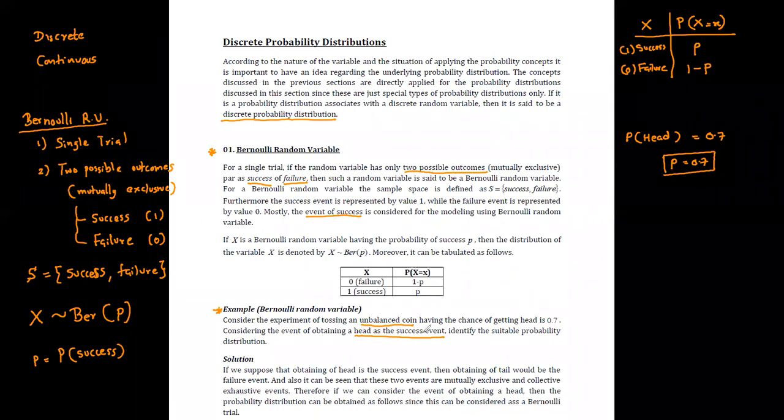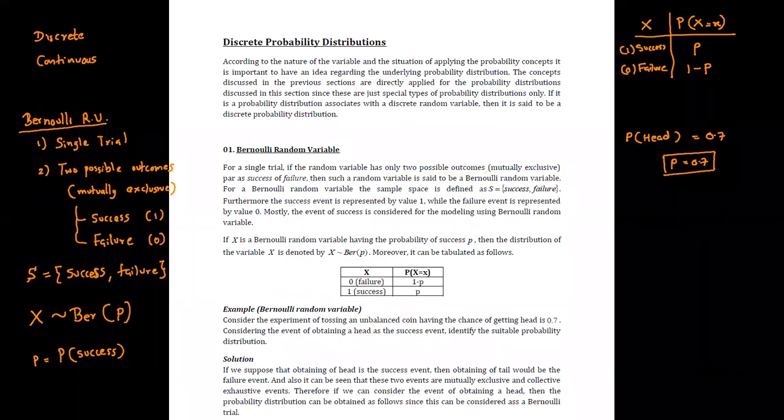The question asks us to identify the suitable probability distribution. Here we will consider a single trial, an experiment of tossing. It does not say how many times they are repeating, and there is no sense of repeating this experiment. Therefore, we can simply consider that they have tossed this coin only one time.